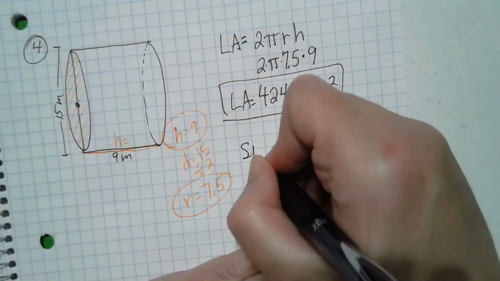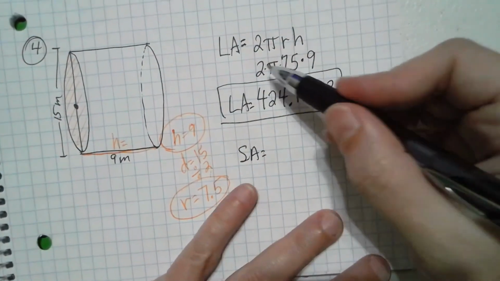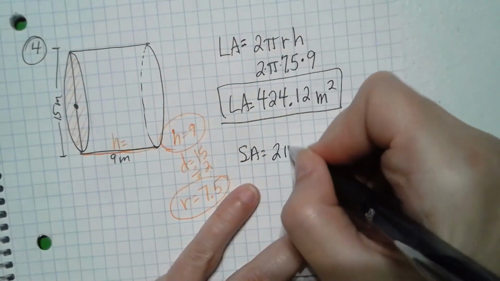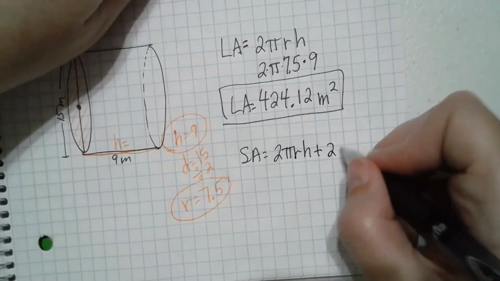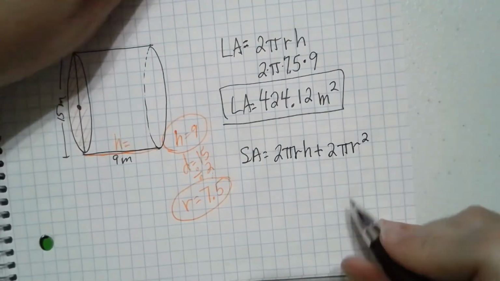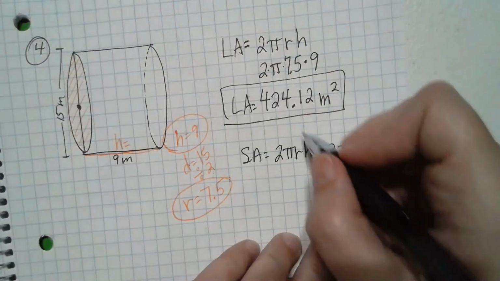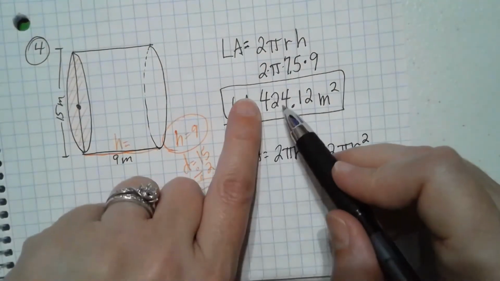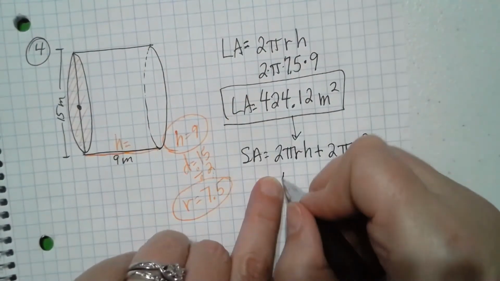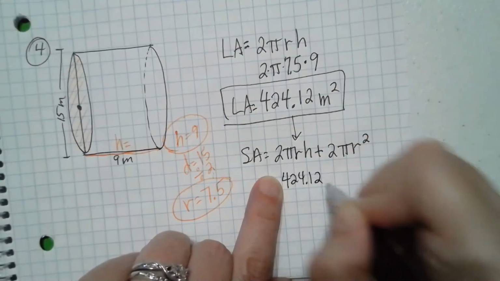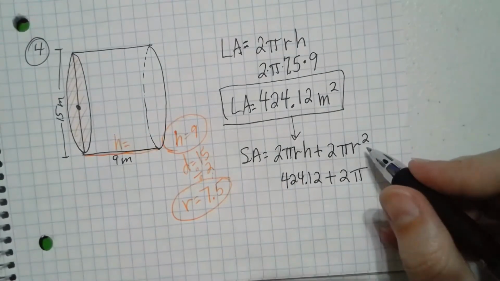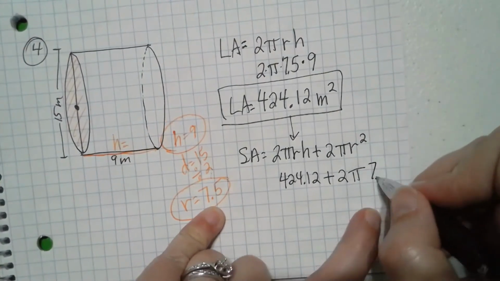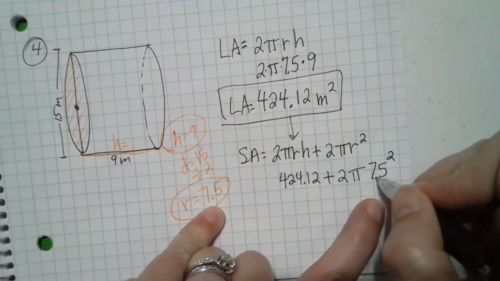Okay. And then our total surface area, we're going to take that same formula, 2 pi RH, and we're going to add on 2 pi r squared. So what we just found is the 2 pi RH, so that's 424.12, and then we're going to add on 2 pi, what do we say r was? 7.5 squared.